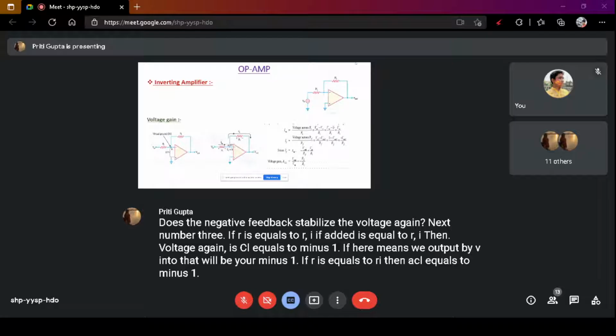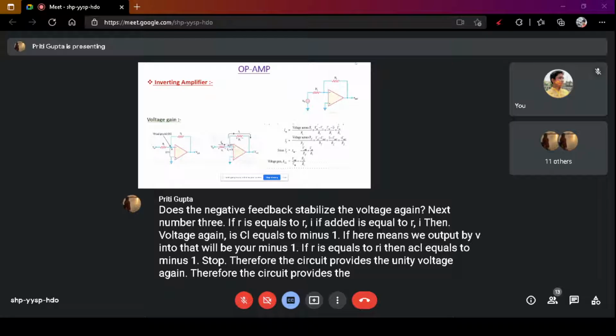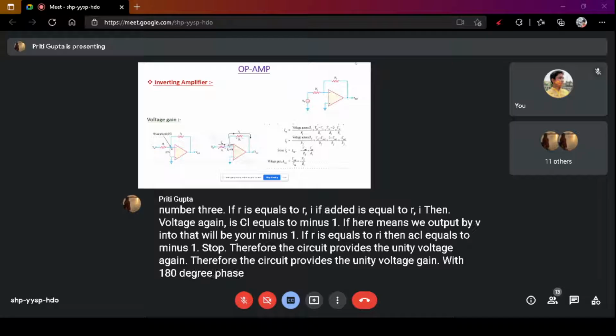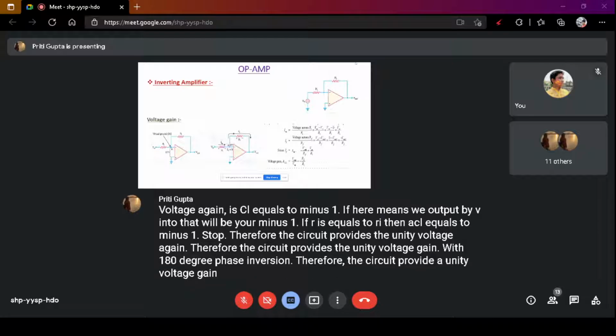Full stop. Therefore, the circuit provides a unity voltage gain with 180-degree phase inversion. Full stop.